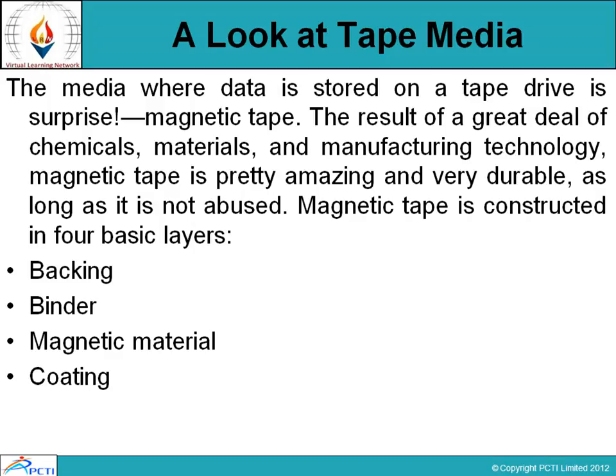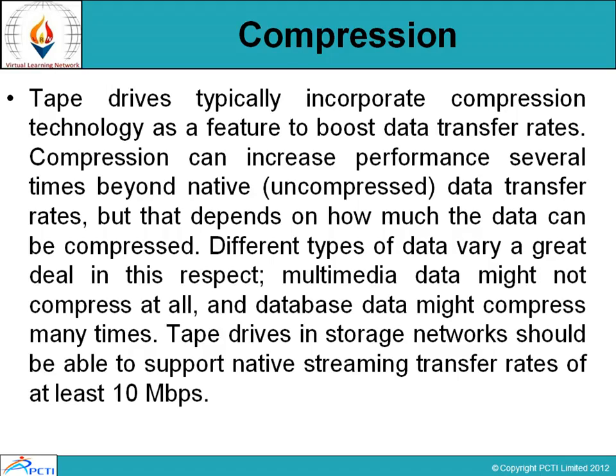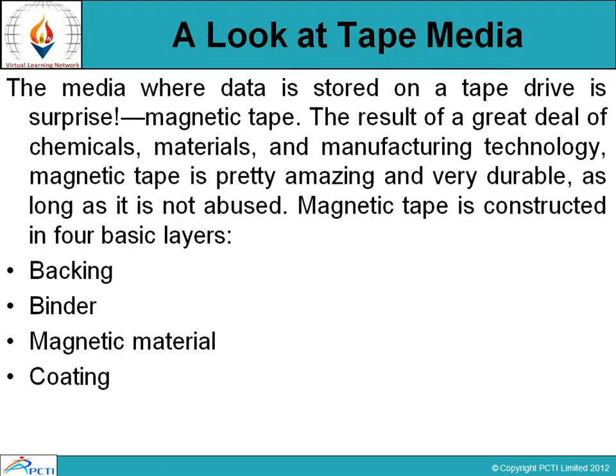The backing of the tape is the foundation material that gives the tape its inherent flexibility and strength. In addition, the backing provides a magnetic barrier so that signals from one section of the tape do not print through onto the adjacent section, since tape is rolled up tightly and stored for long periods of time.